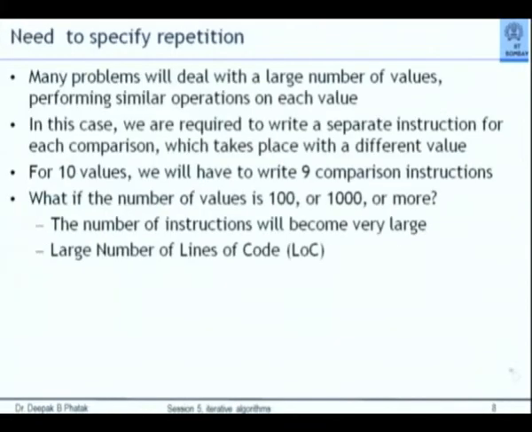The problem is this. Many problems will have a large number of values. So take this case. You have to write a separate instruction for comparison with every new number. So suppose instead of 5 there are 10 values, what will you do? Int A, B, C, D, E, F, G, H, I, J. And then you will write those many instructions.